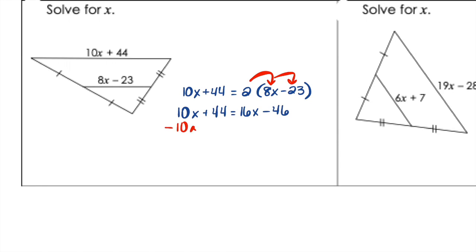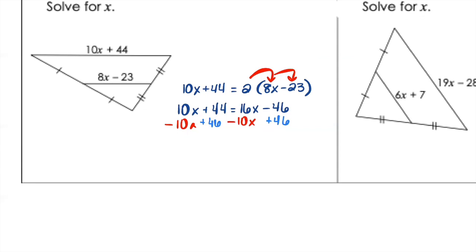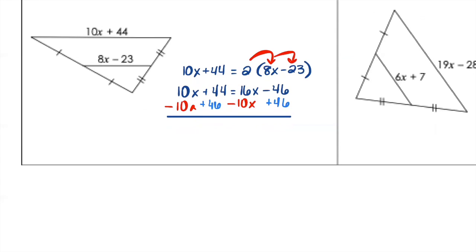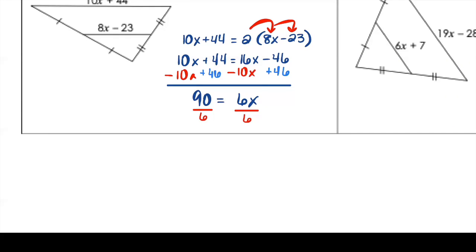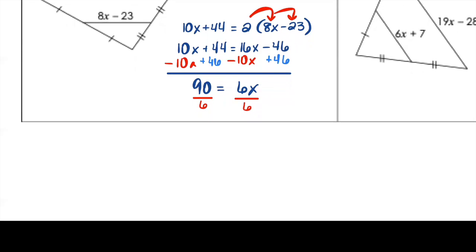Minus 10x. 46, my bad. We really shouldn't get decimals. So we got 90. See how that works? 90 divided by 6? 15.